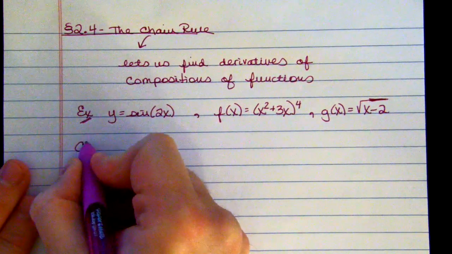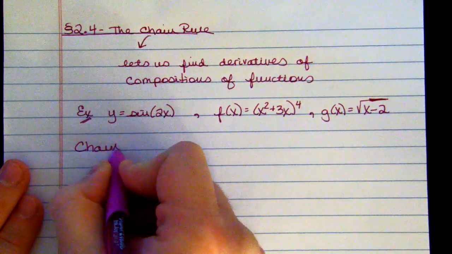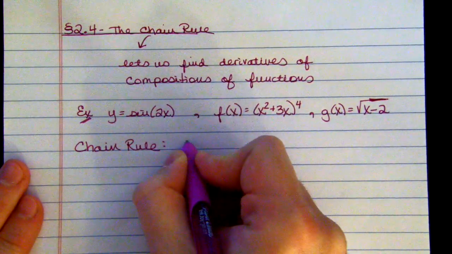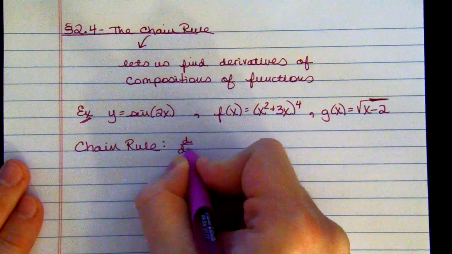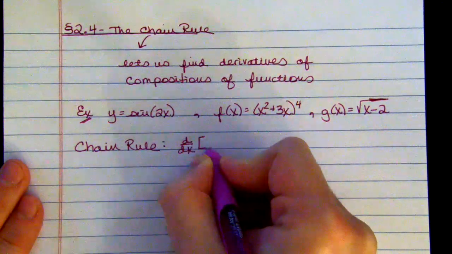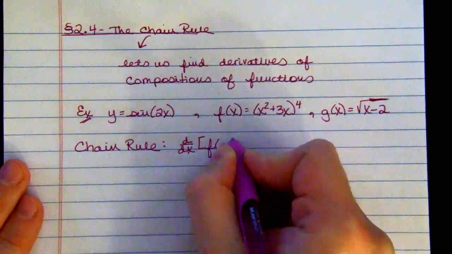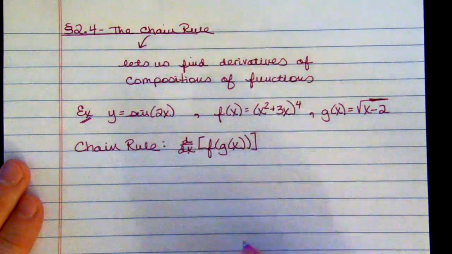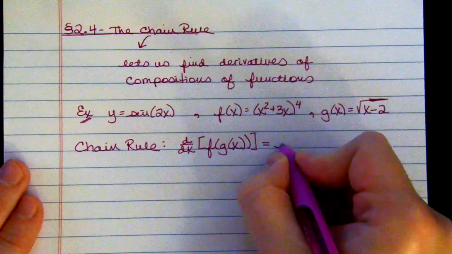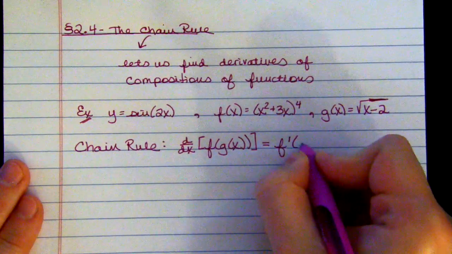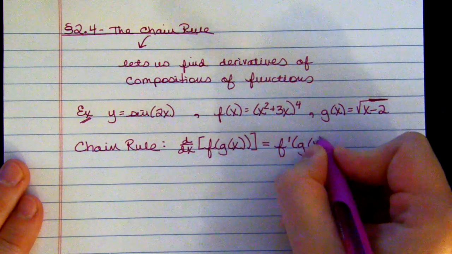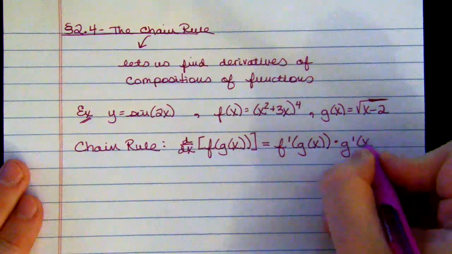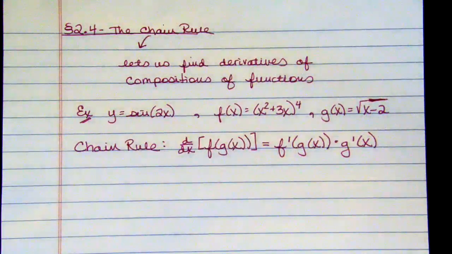Here's what our chain rule says. It says if I want to do the derivative of f of g of x, this is going to equal f prime of g of x times g prime of x.